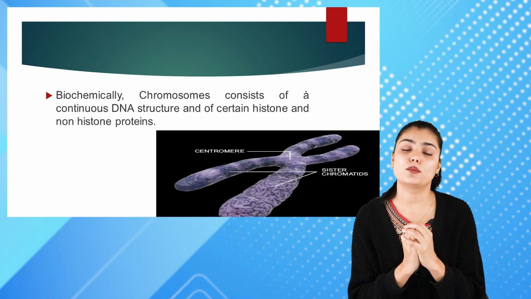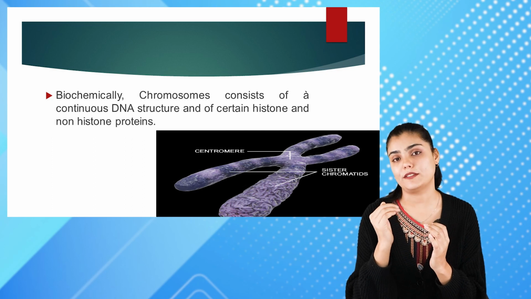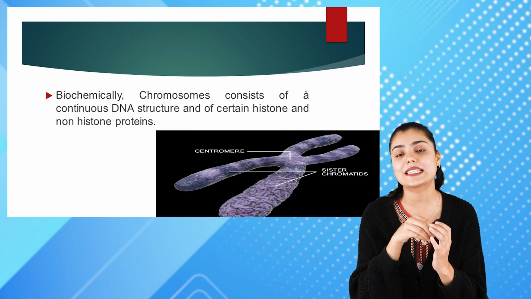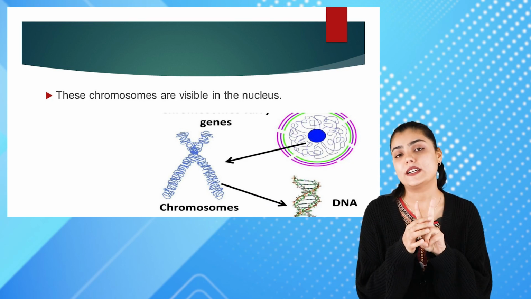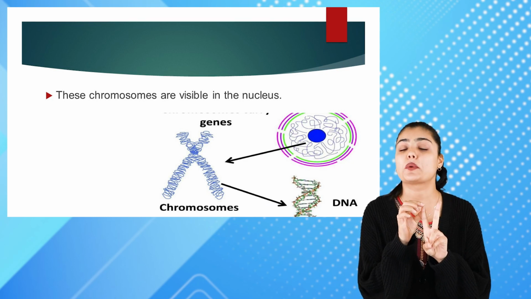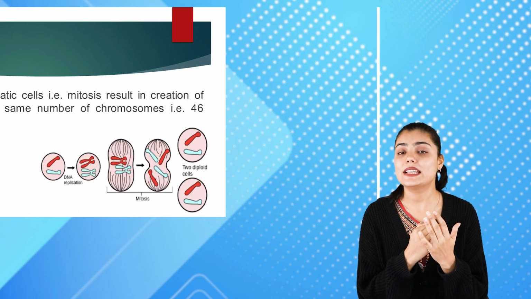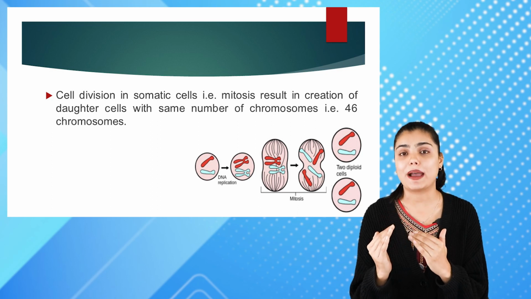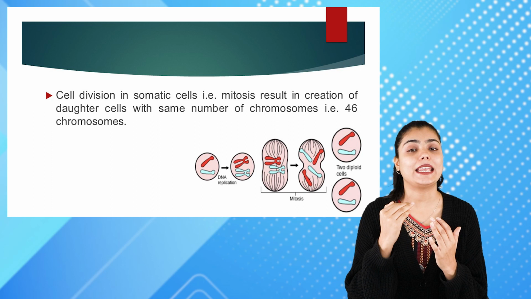Now, where is the chromosome located? As I said, the chromosome is visible in the nucleus of the cell, so it is located inside the nucleus. In a human body, there are two different types of cell: somatic cells and germ cells. In somatic cells, a cell division called mitosis takes place.